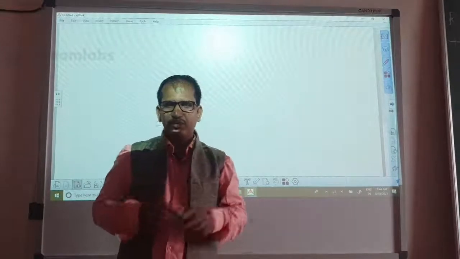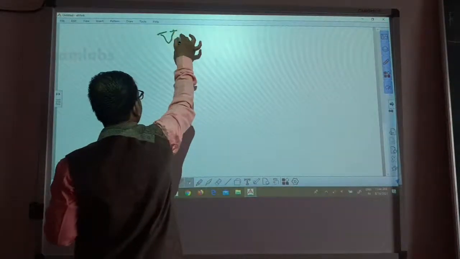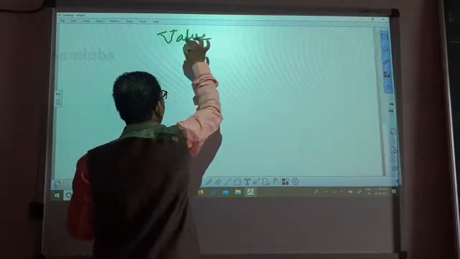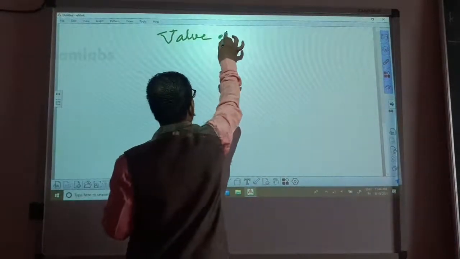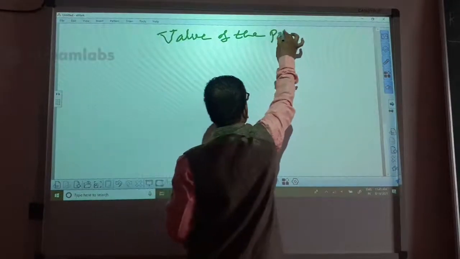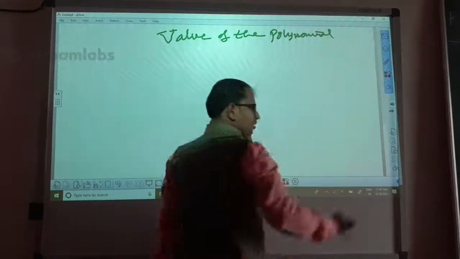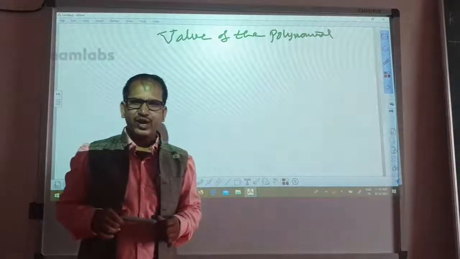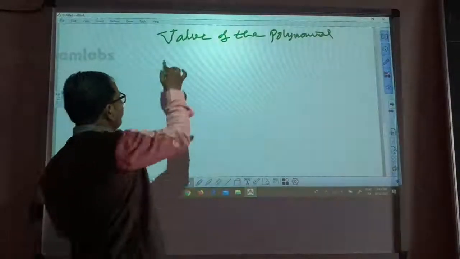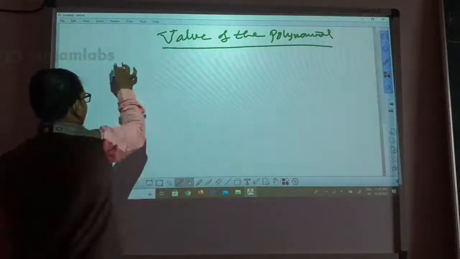Now the value of the polynomial is very important that we have to learn. What is the value of the polynomial, or how to find the value of the polynomial? We have to think and solve the problem.